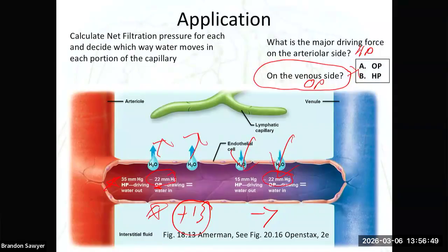Yeah, Lana? Yeah, for sure. So if this capillary bed happens to be one that's embedded in a muscle that you're contracting, which we have capillary beds all throughout our muscle, right?